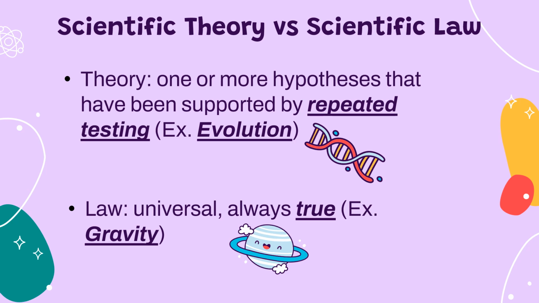There's a ton of variables happening, and it's very hard to come up with a universal law that is always true. But some do exist. Gravity is kind of the biggest one. No matter where you go in the world, really no matter where you go in the universe, gravity acts the same way. You can't break any of those laws, and they're pretty much set in stone.